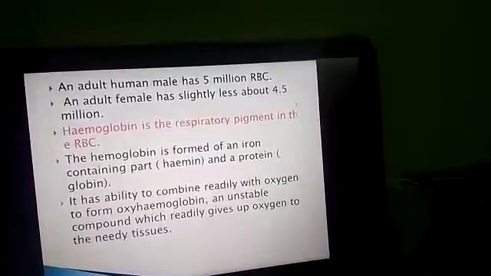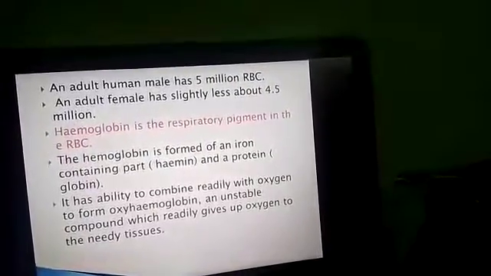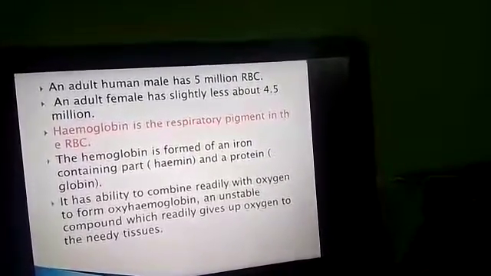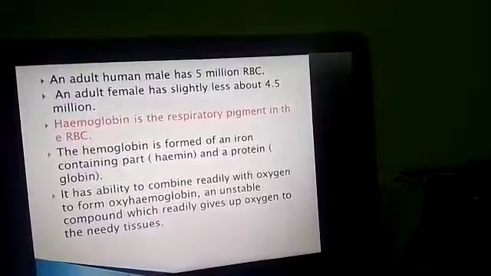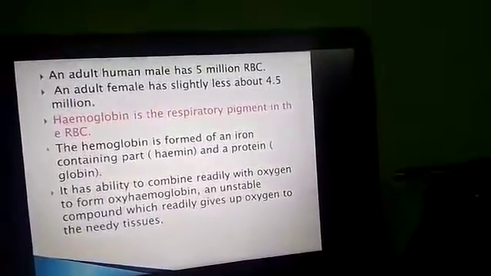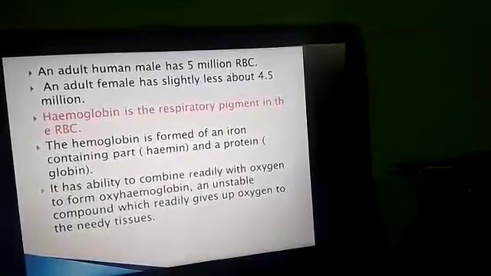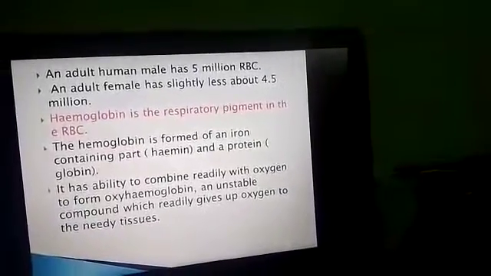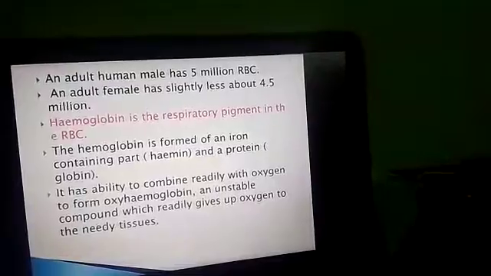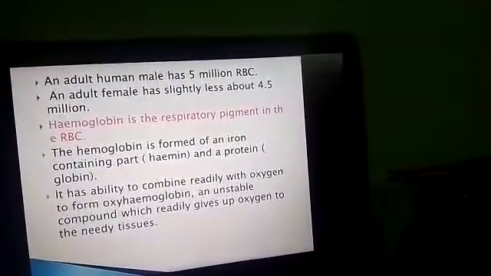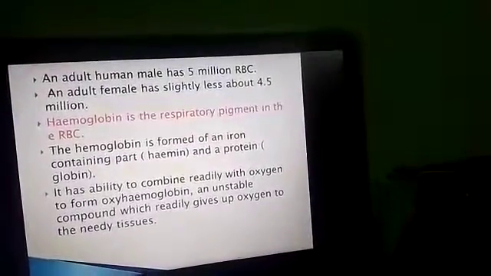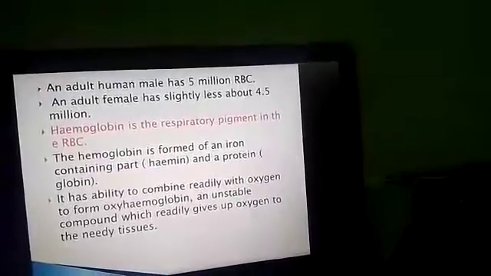When hemoglobin combines with oxygen, it forms oxyhemoglobin, an unstable compound which readily gives up oxygen to the needy tissues. Wherever the tissues need oxygen, hemoglobin supplies oxygen to that tissue.